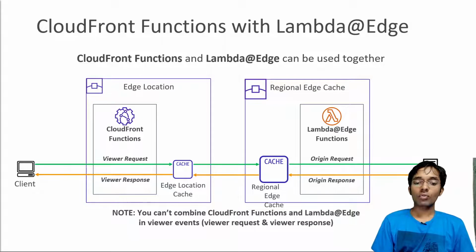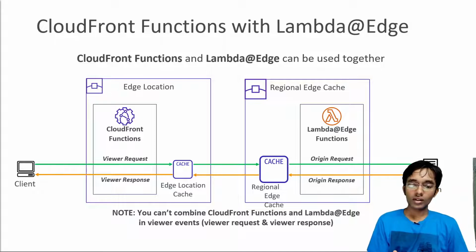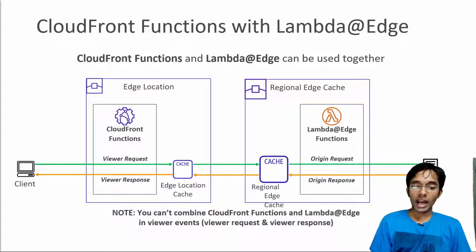Your CloudFront functions are going to run on the edge locations at the viewer request and viewer response level, whereas your Lambda@Edge functions are going to run at the origin request and origin response level. This is if you want to use both CloudFront functions and Lambda@Edge functions together. This is one option, and we can see a clear separation of both.